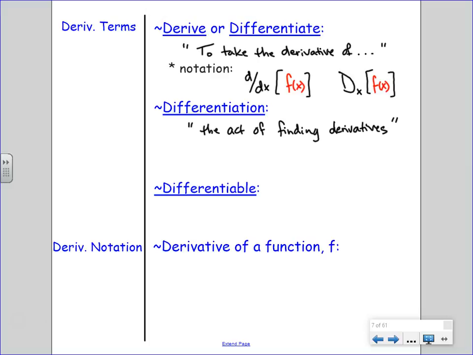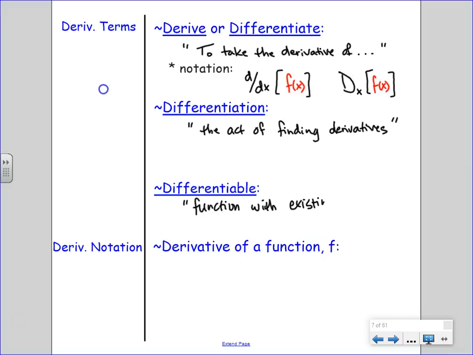Differentiable, what's that? Like likable, it's kind of like an adjective, right? Differentiable, it's like an adjective. It is a function with derivatives, let's just say with existing derivatives.